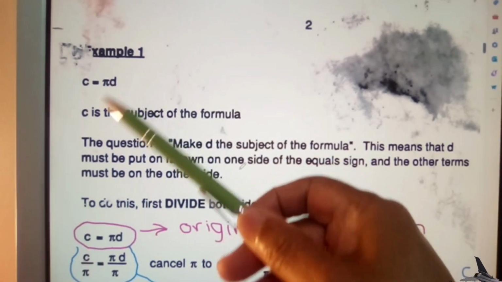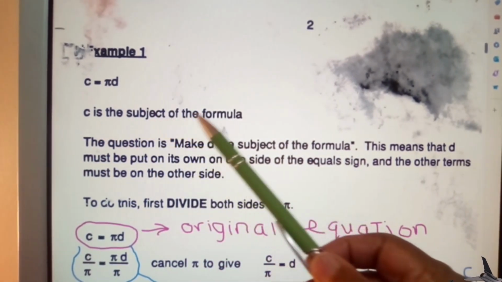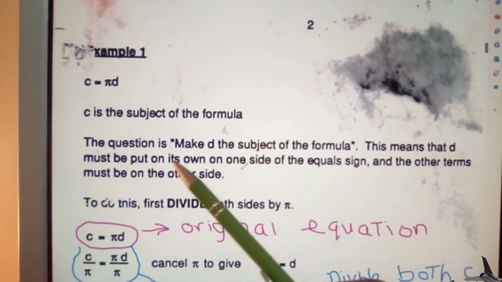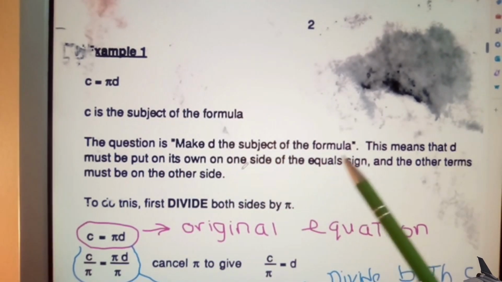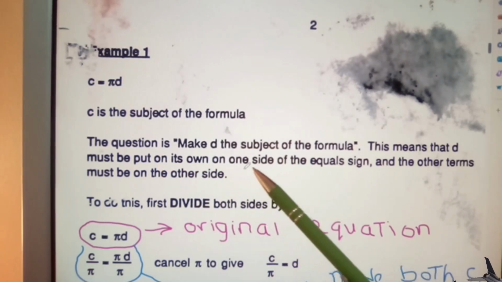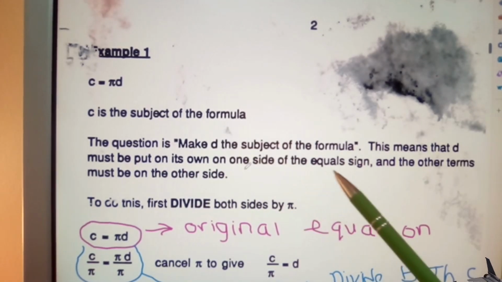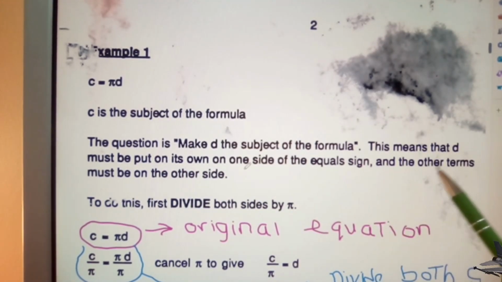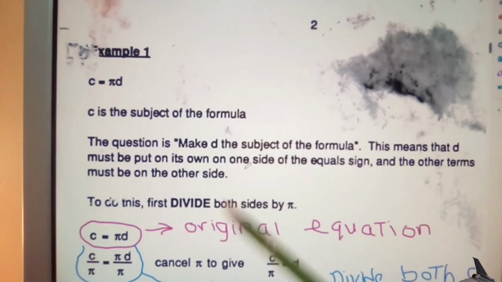C equals pi d. C is the subject of the formula. The question is, make d the subject of the formula. This means that d must be put on its own on one side of the equal sign and the other terms must be on the other side.